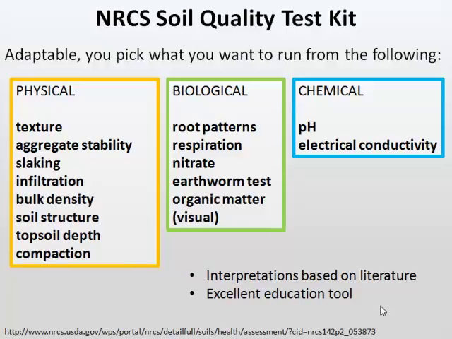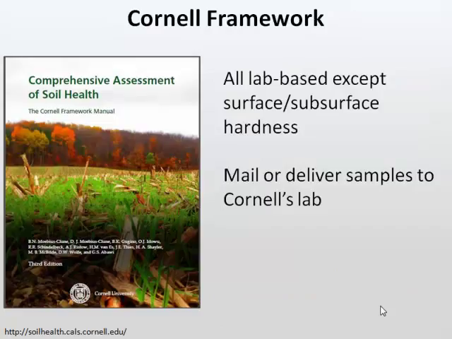Okay, so then we go to the Cornell Framework, and this is a manual that, in my opinion, if you just Googled Cornell Soil Health, they have a free download manual, and they've done a fantastic job of making this farmer friendly and writing to a non-scientific audience in terms of understanding what they're doing.